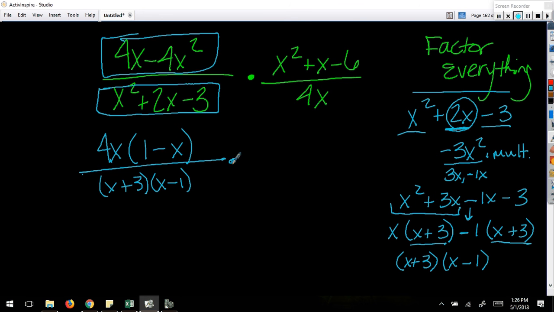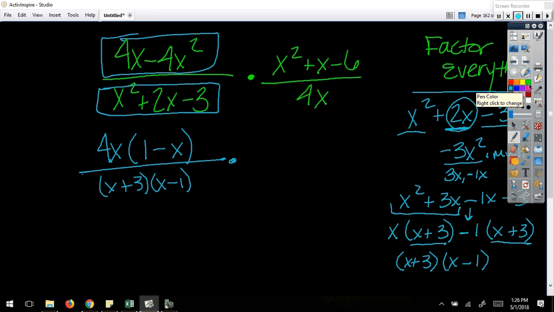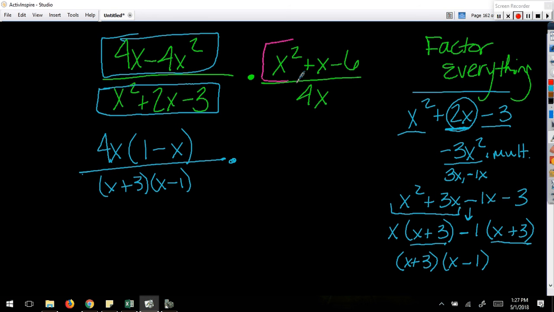And again here, I'll do this in a different color so you can see the difference. Let's use a pink. X squared plus x minus 6. Again, I want it to multiply to negative 6x squared, but add to 1x. So I will write that as positive 3x and negative 2x.